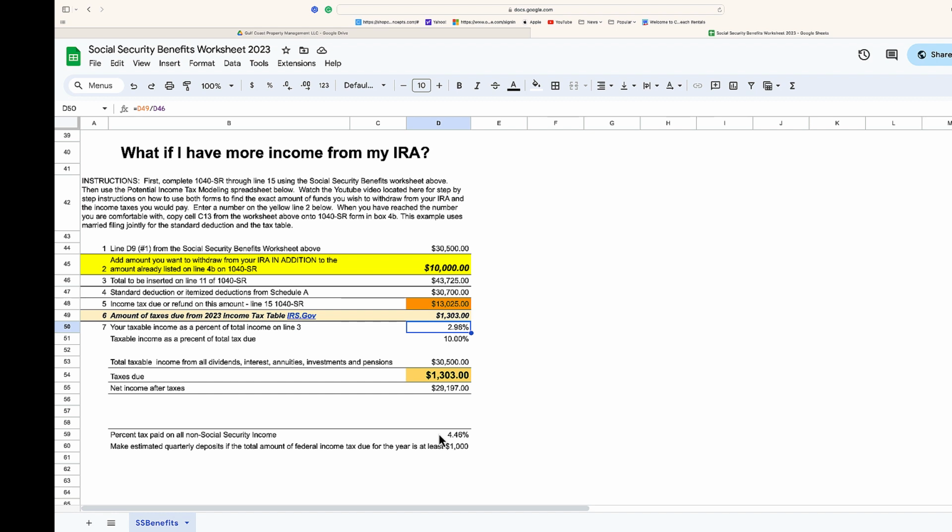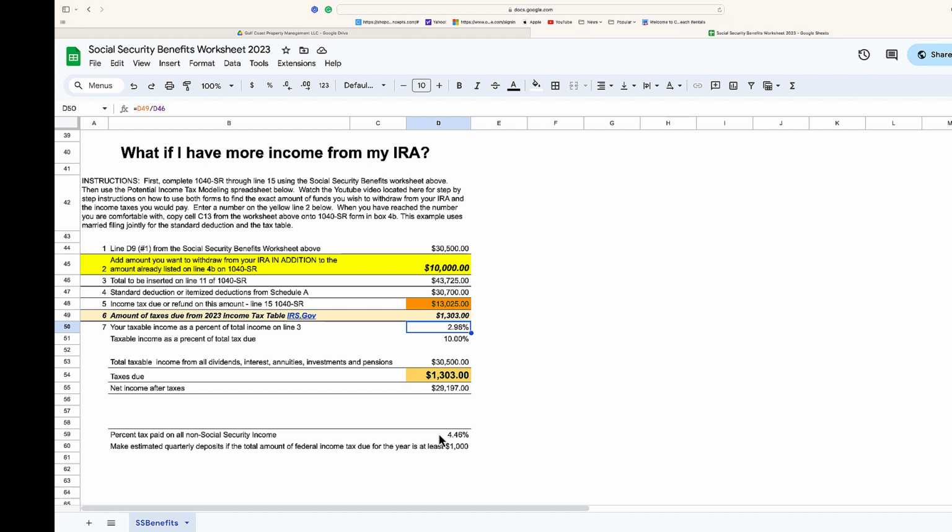I know some of this may be a little bit confusing, but it is a way for you to determine if you can afford to take out more money. So we just took out an additional, say, $7,000 roughly. Remember, we were at $2,959 before break even, so we added $7,000, and adding the $7,000 caused us to have a $1,300 tax bill on that.